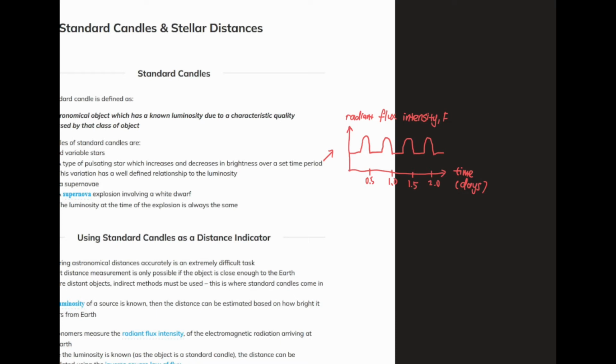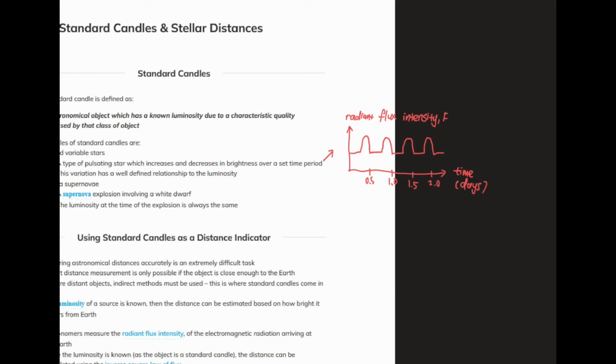So by looking at these, there is a way to figure out the luminosity. Of course the details will be covered later, I just give you a brief idea only.